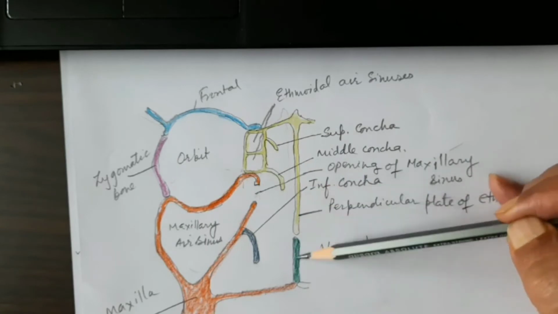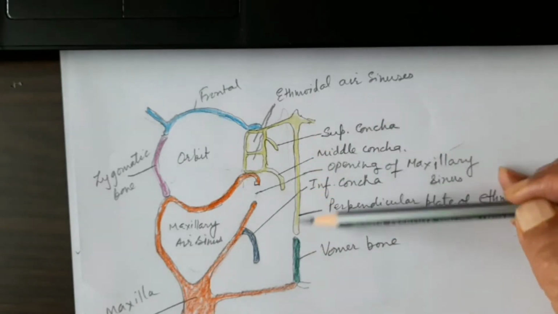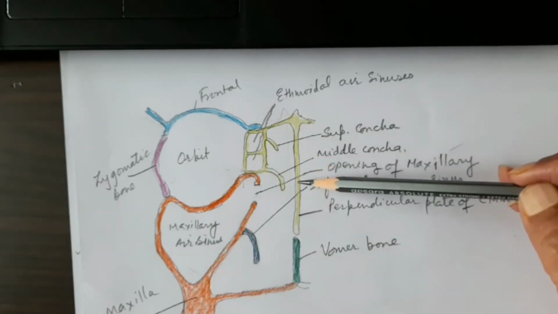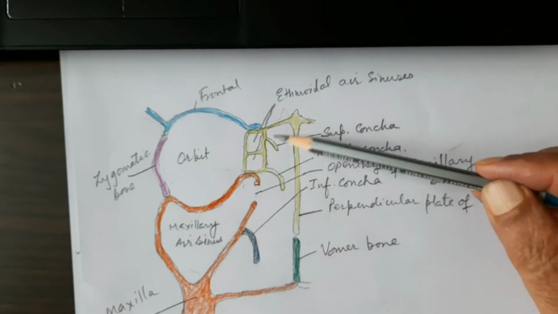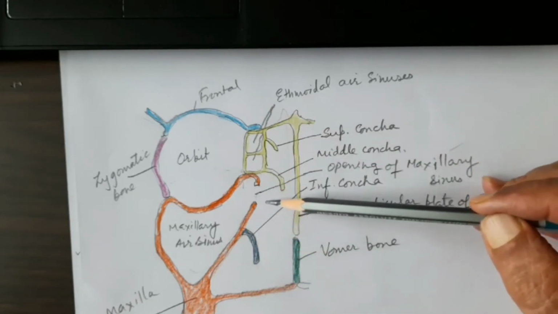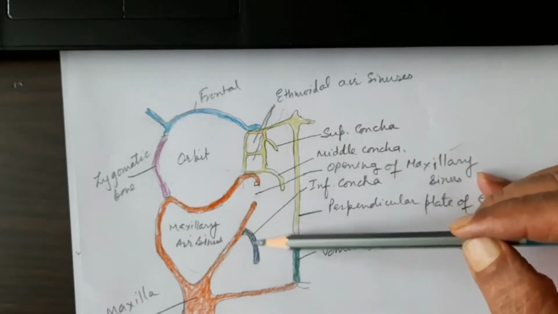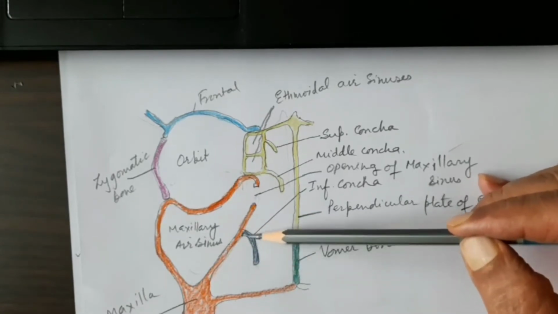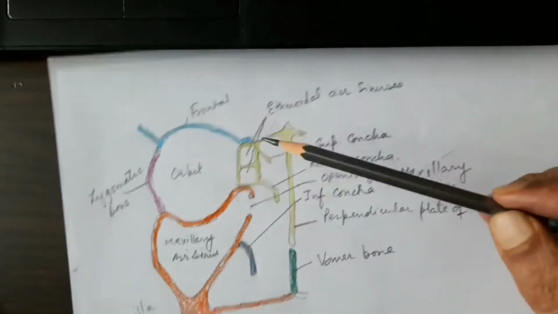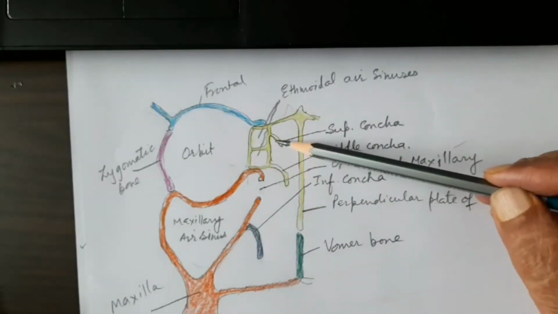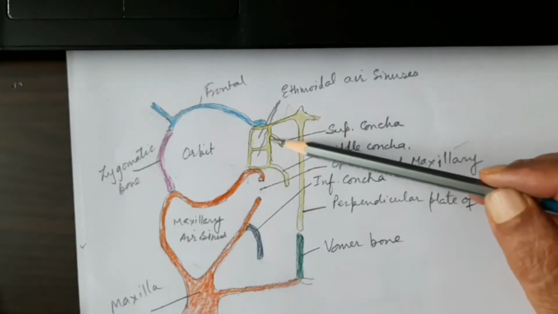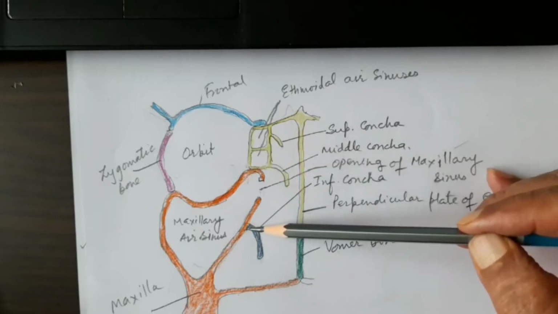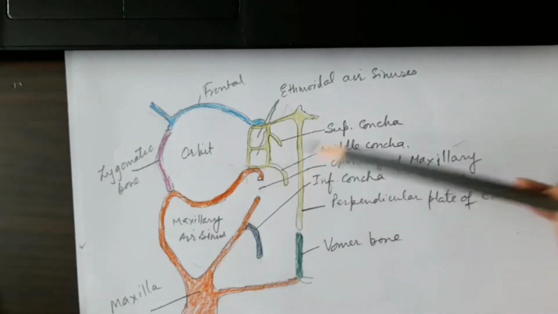So the vomer and perpendicular plate of ethmoid are the 2 bones which form the median septum. So this is the nasal cavity, and if you go down here to this maxillary bone, attached is a separate bone which is the inferior nasal concha.